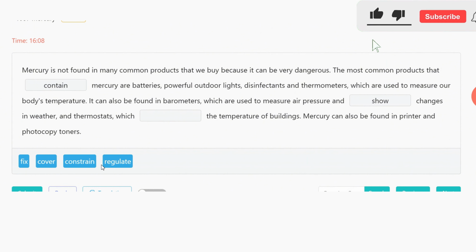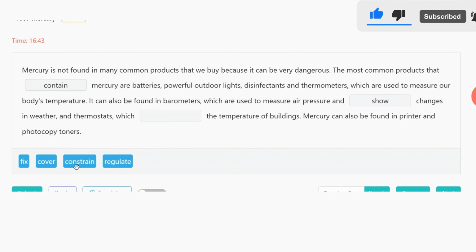Why are the others not correct? Fix means to repair, not to display information. Cover means to place over something, not to indicate change, right? Fix, for example: she had to fix the broken sensor. Cover, for example: the report covers different aspects of climate science.